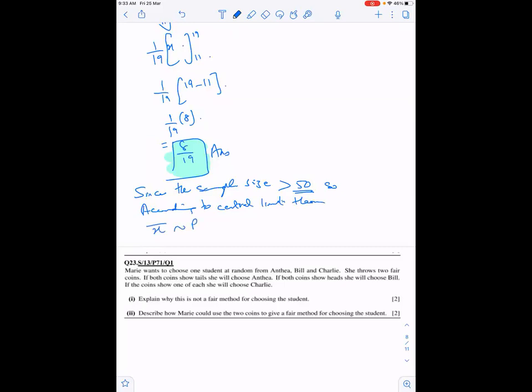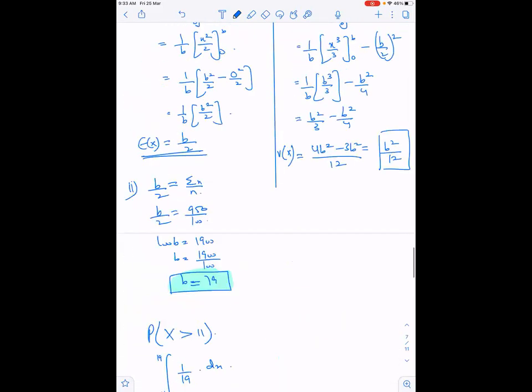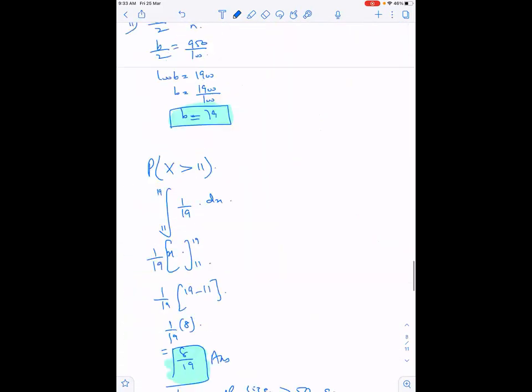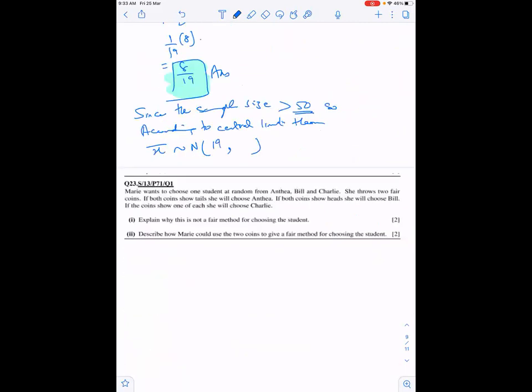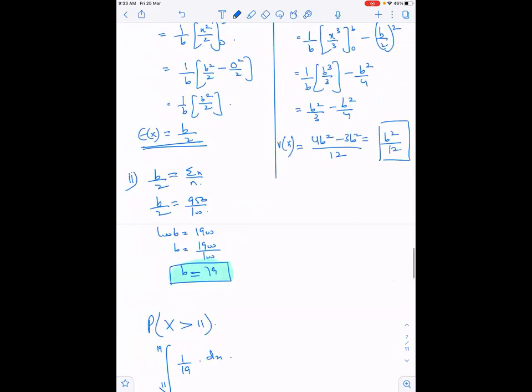The mean of x has a normal distribution with, we already know the mean, and the mean was 19. Okay, and the variance was in terms of b here. If you notice, b square upon 12, so 19 square upon 12 is actually 361 upon 12, which is 30.08.